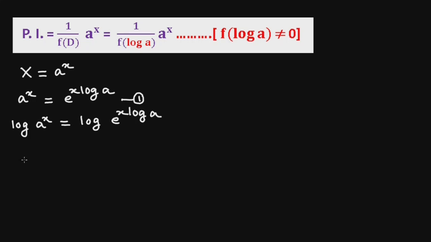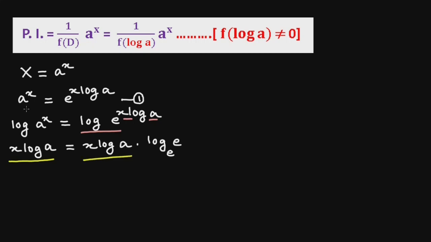Now by using the rules of logarithm, this will be x log a equals x log a into log e to the base e. Now since log e to the base e is 1, we get left hand side x log a, right hand side also x log a, which means a raised to x equals e raised to x log a is correct.